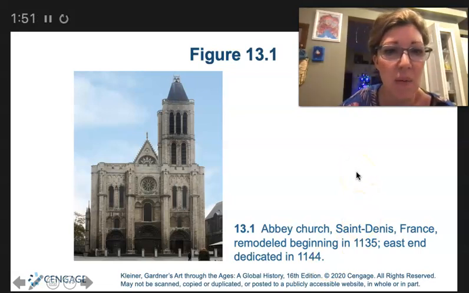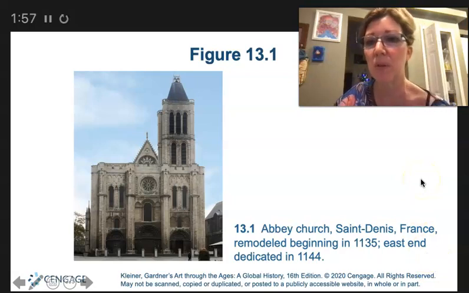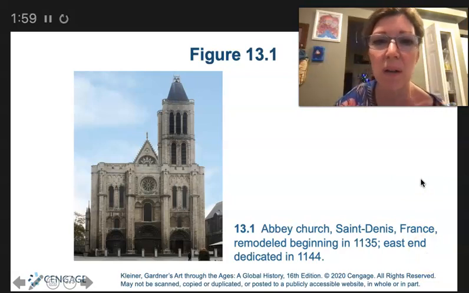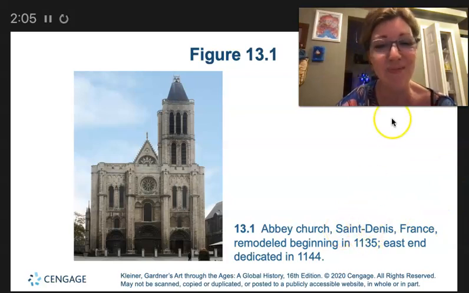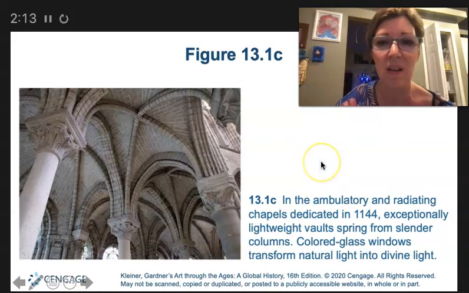And this is the Abbey Church at Saint Denis. Just as Speyer Cathedral was the burial church of the emperors of the Holy Roman Empire, the burial church for the kings of France was Saint Denis. And Abbot Suger is credited with remodeling Saint Denis. This is incredible.